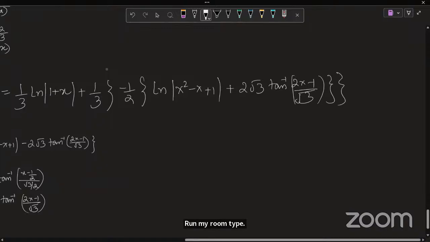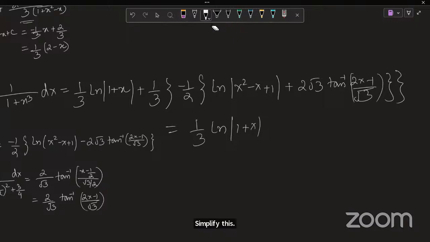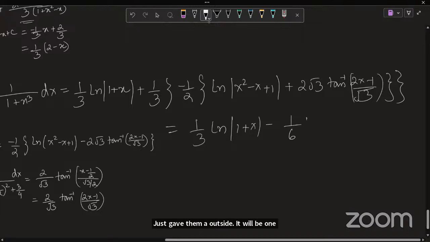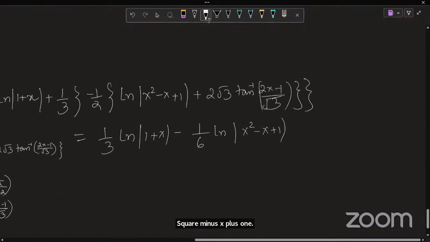So just simplify this, you'll get the value: take the minus outside, it will be 1 by 6 ln x square minus x plus 1 plus root 3 by 3 tan inverse.